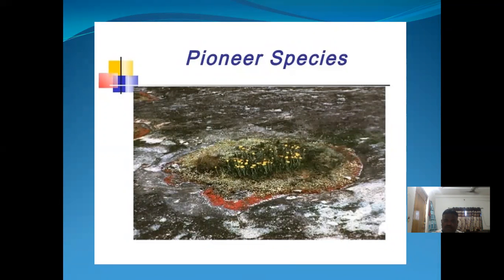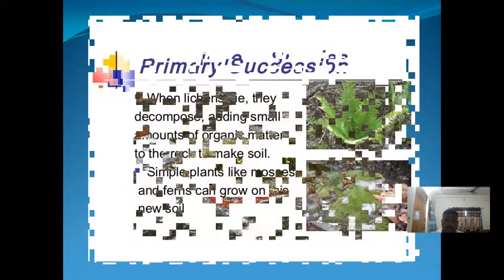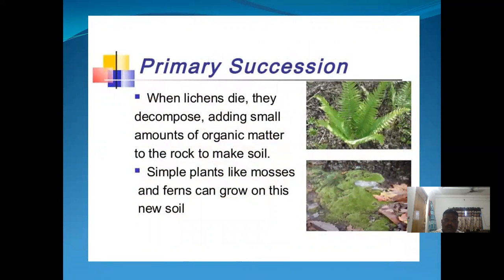That means the number of species is growing in the particular area. In primary succession, when lichens die, they decompose, adding a small amount of organic matter to the rock to make soil.